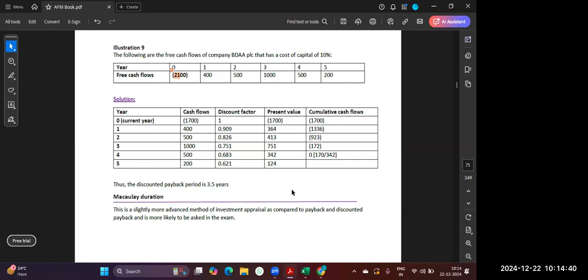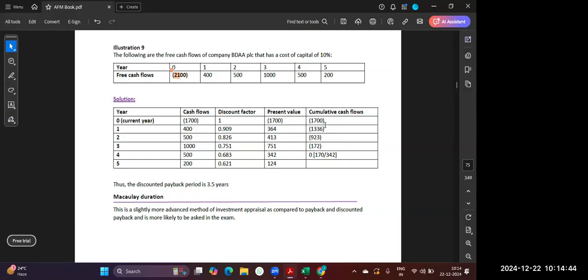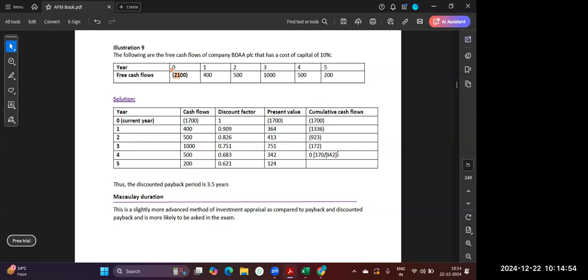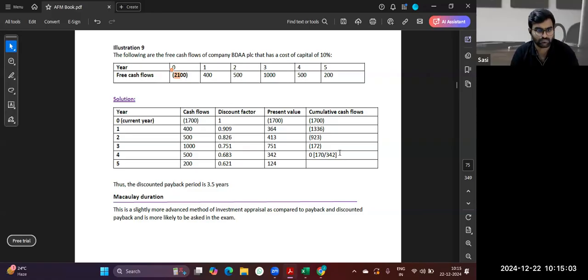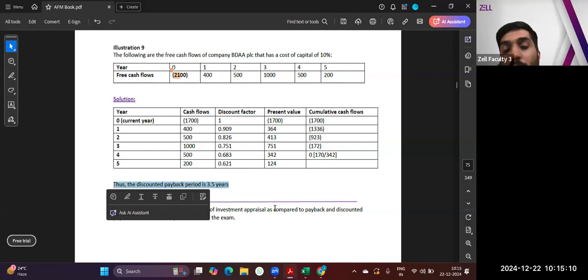How many full years did you take? 3 years: first, second, third. And in the fourth year you took half a year, that is 0.5. Everyone with me till here? So the discounted payback period is 3.5 years. Clear?